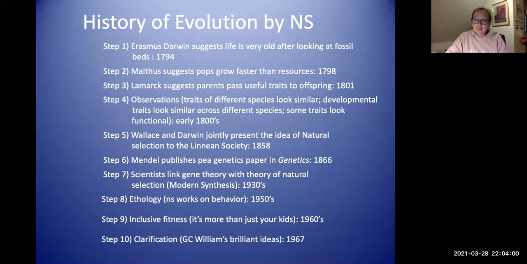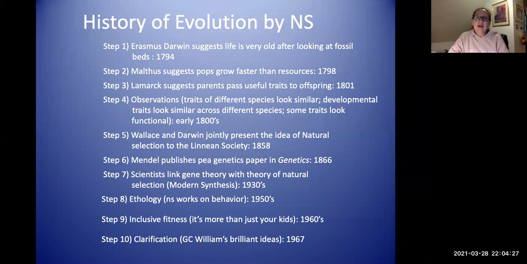We've got Mendel, who outlined the rules of heredity in his genetics paper. We have the modern synthesis in the 1930s, where people are putting Mendel and Darwin and Wallace together to understand that the part about heritability that Darwin and Wallace were all hepped up on didn't make sense until we understood that genes were inherited as packets.